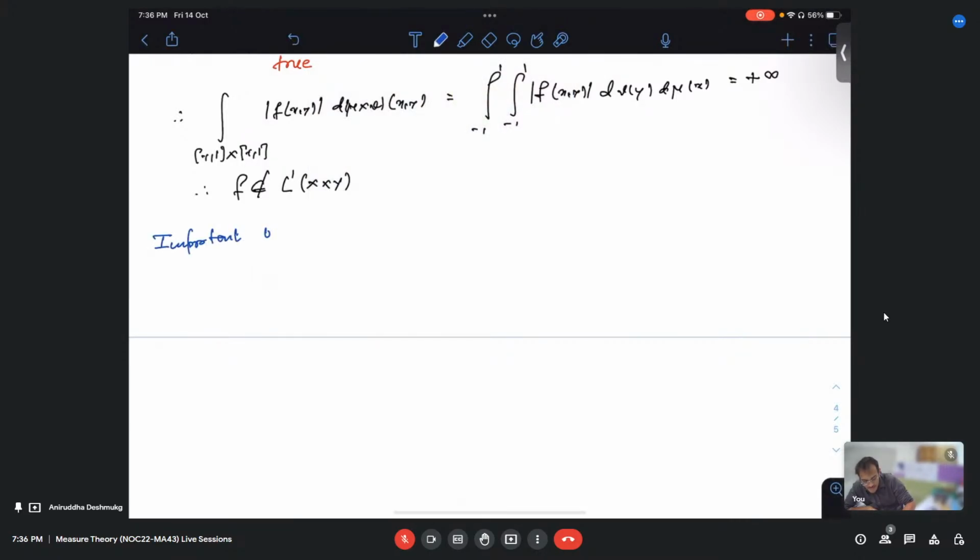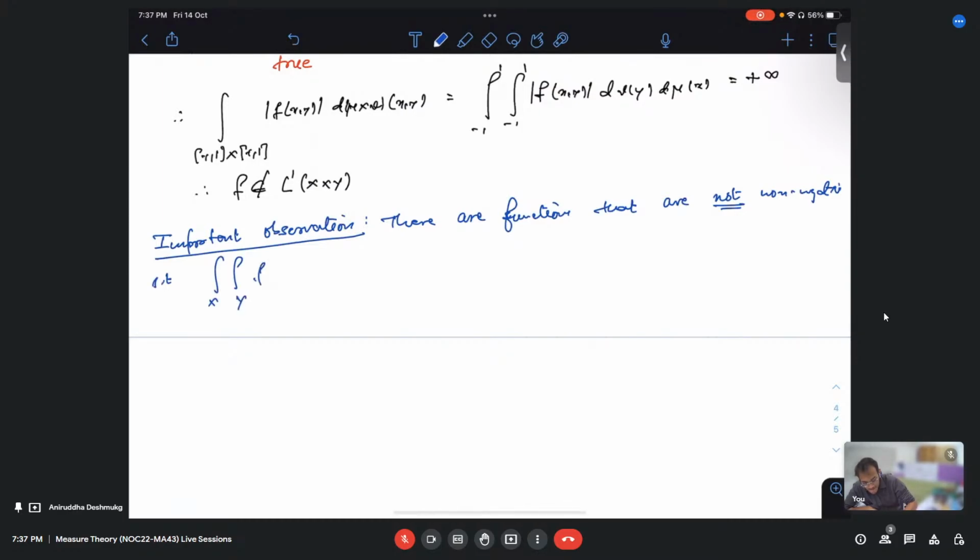Important observation: there are functions that are not non-negative such that the integral over x, integral over y, of f of xy d mu x d mu y is equal to the integral over y, integral over x, of f of xy d mu y d mu x, but f is not in L1 of x cross y.